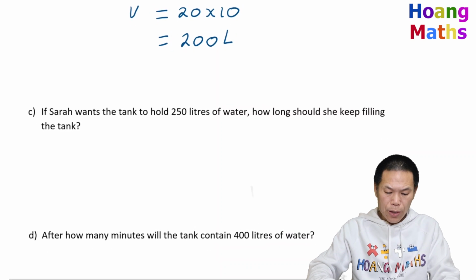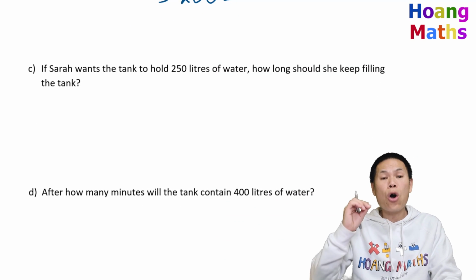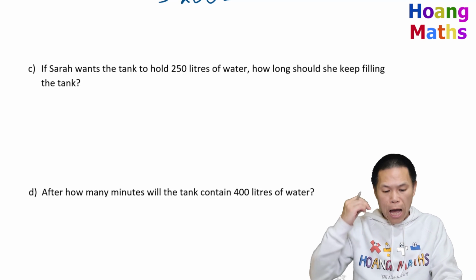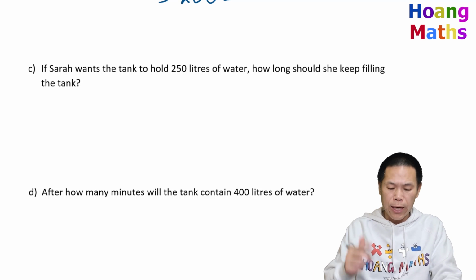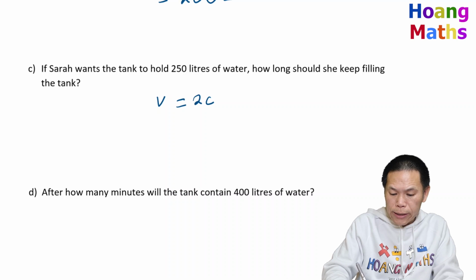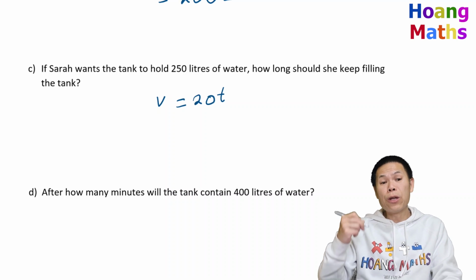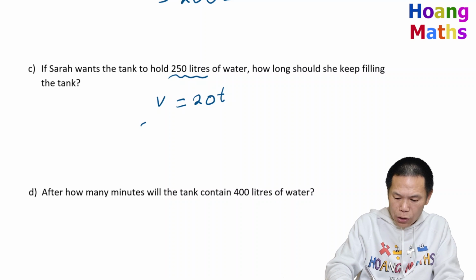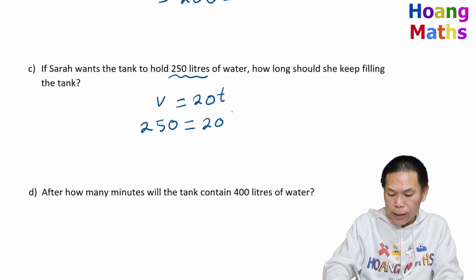Part C. Sarah wants the tank to hold 250 liters of water. So we need to work out how long it takes her to fill it up. Okay. So that means V is equal to 20T, and we know that V is equal to 250 liters. So 250 is equal to 20T.